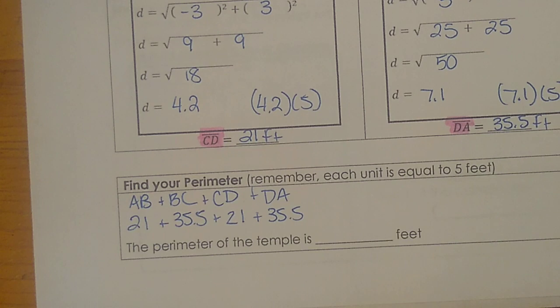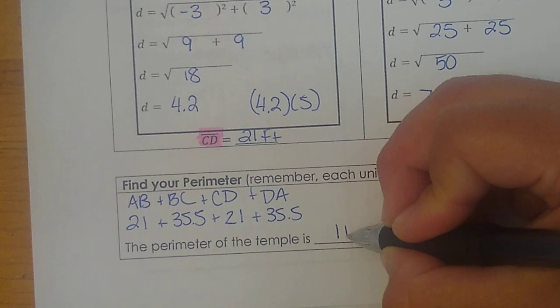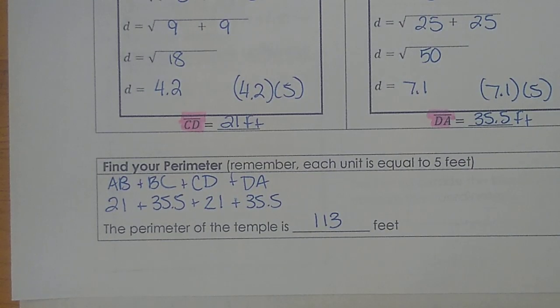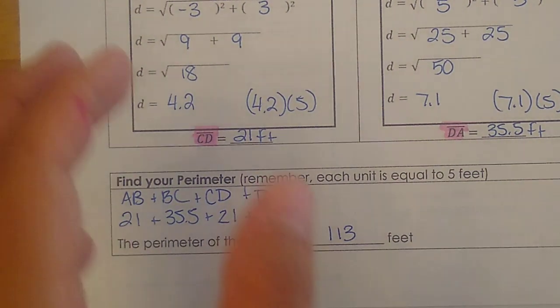I could also just throw that into my calculator. But when I add them all up, 42 plus 71, that gives me 113 feet all the way around. So now I know my first perimeter, so I'm done with my first problem. The perimeter of the temple is 113.